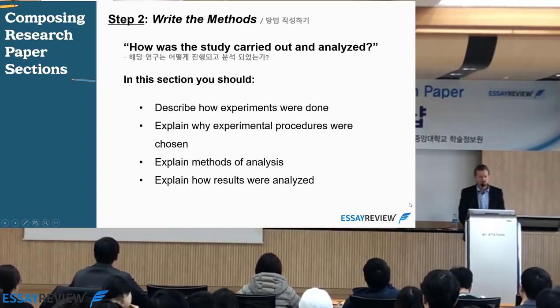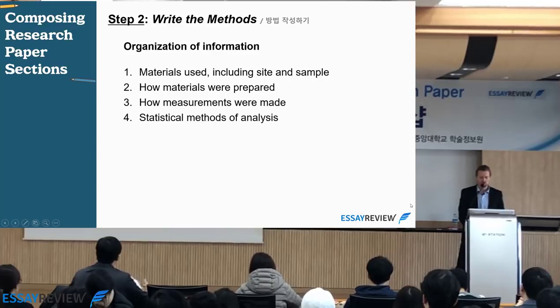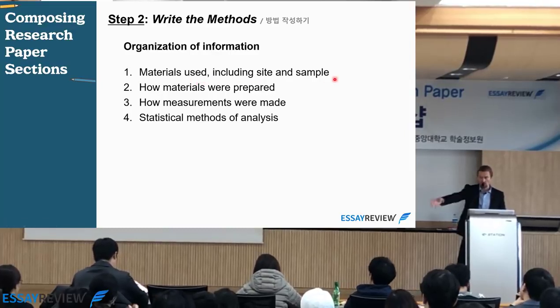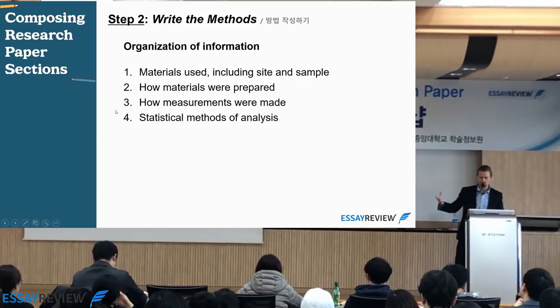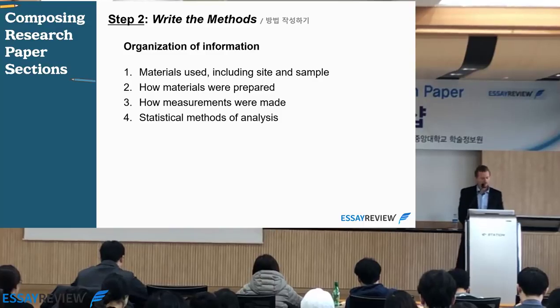Organization. Okay. So the first content you will write about is the materials that you used. That means where you got your materials, and if you do a sample study, what your sample is. Is it adults aged 25 to 30? Or is it children? So you're going to put that right away in the beginning.